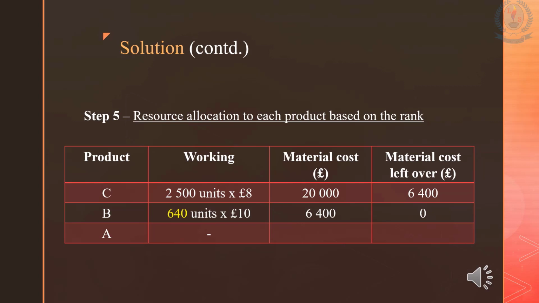Then the firm will be producing 2,500 units of product C and 640 units of product B. No product A will be produced since there is not enough material available to cover product B also. So there will be no material at all for product A.